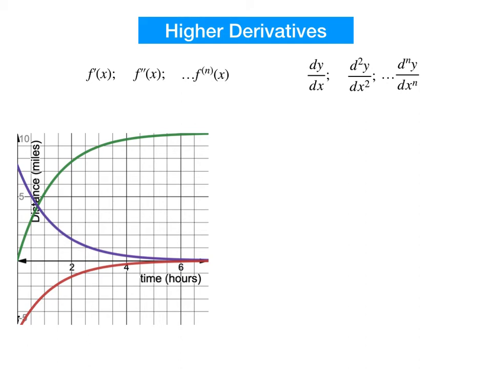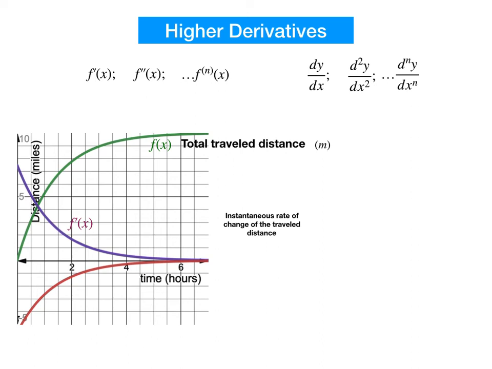You can use different notations for the derivative: dy/dx, d squared y/dx squared, d to the n y/dx to the n. If y equals f of x, then you can use these different notations. Back to the same example, f of x is the total travel distance in miles.